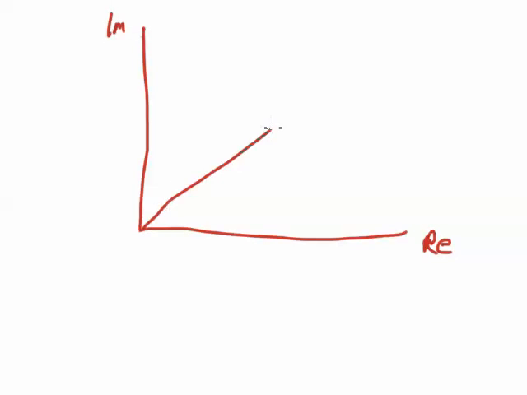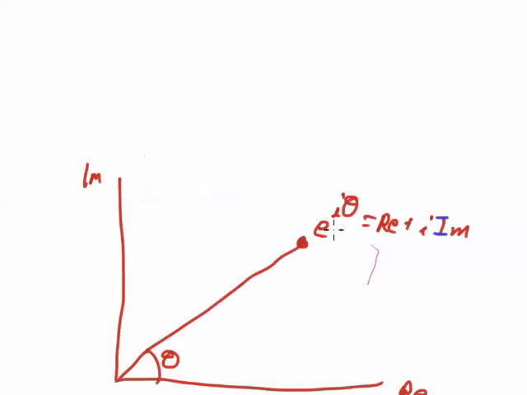If you can imagine a plane where the real numbers go off this way and the imaginary numbers go off this way, you can kind of imagine an angle theta here. Imagine this point being e to the i theta equals the real part plus i times the imaginary part. How could you extract the real part from there? So, for instance, imagine extending that line down that way.